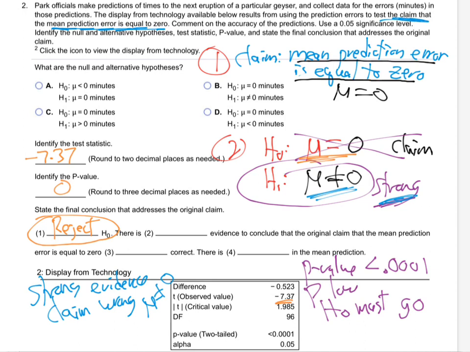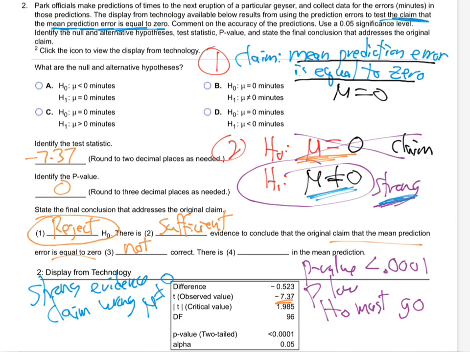There is sufficient evidence, enough evidence, to conclude that the original claim is not correct. See how I'm saying that? See how the claim is crossed off? Because the claim was on this one, huh? And it's sufficient. Strong means sufficient.